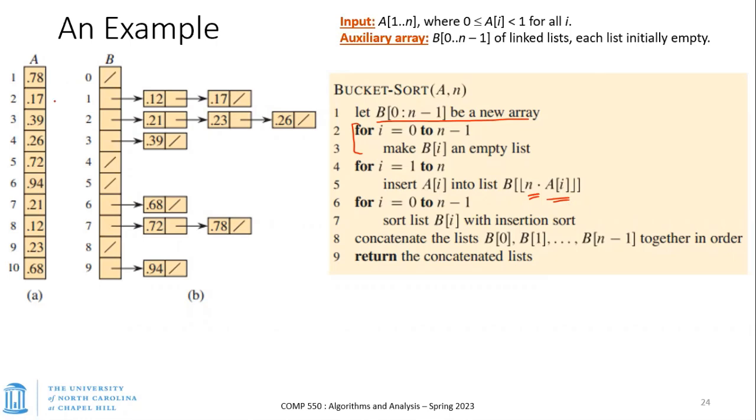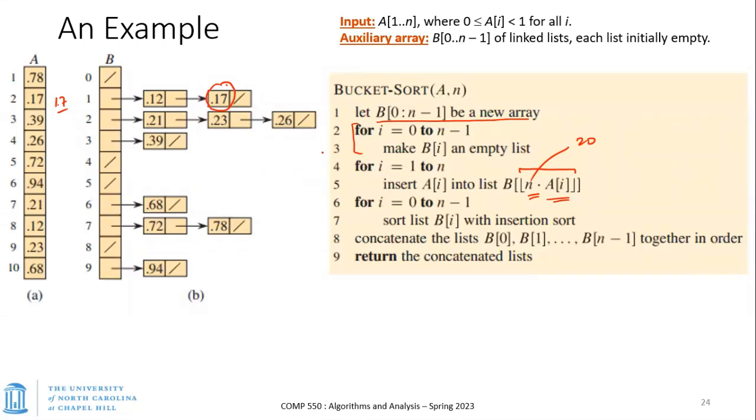We're taking 0.17, multiplying it by 10, that becomes 1.7. Then we take the floor of that decimal number, that becomes 1, and we put it in the first bucket. But that doesn't necessarily have to be the case. If n, for example, was 20, then you would have 20 buckets, and it would be a little different. But this is a simple example.